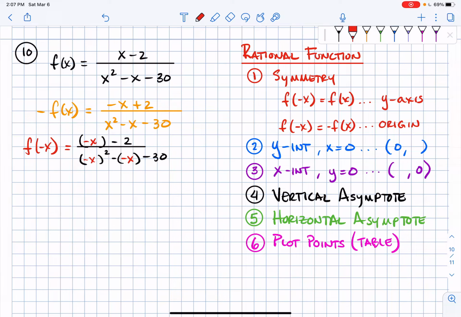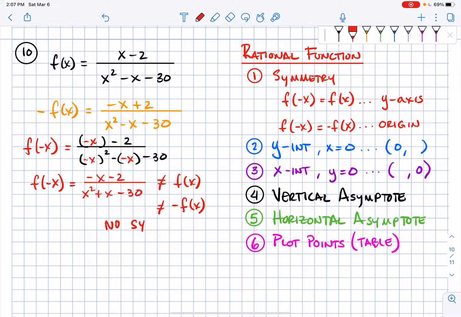Okay, so my f of negative x is going to equal negative x minus 2 over still x squared plus x minus 30. Well, this does not equal f of x and does not equal negative f of x. So no symmetry. Okay, so that's step one.